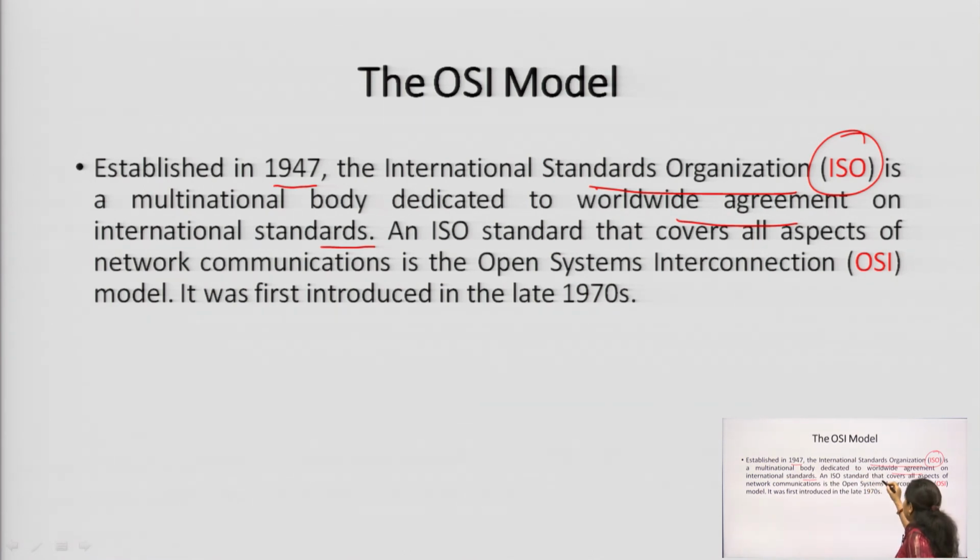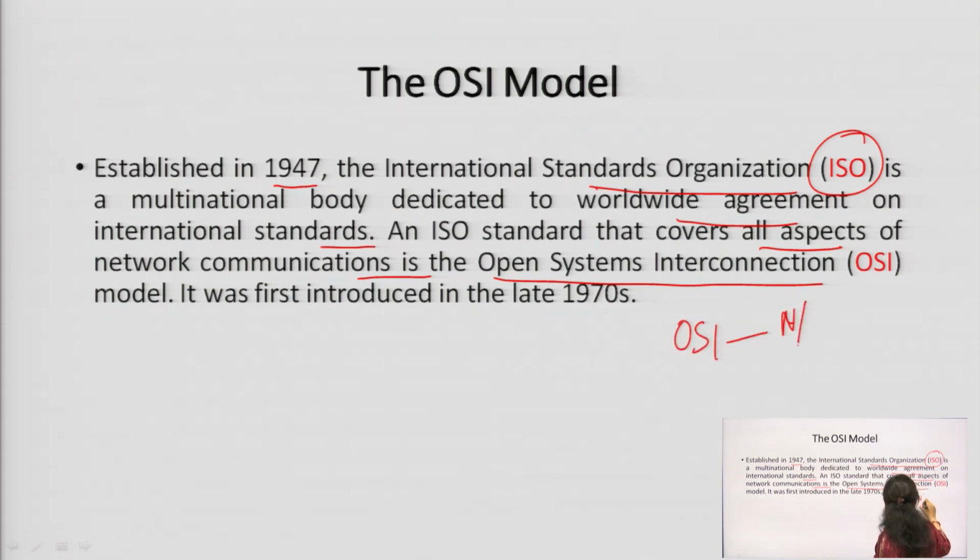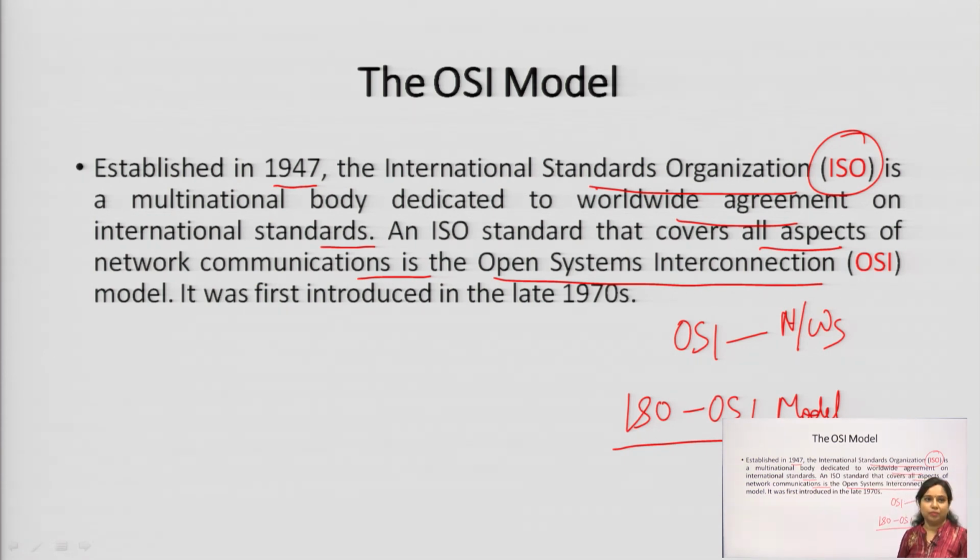An ISO standard that covers all the aspects of network communication is known as OSI. A model that has been designed or agreed by the ISO is known as the OSI model. In this OSI model, all the information related to networks is involved. So, it is also known as the ISO OSI model. ISO means International Standard Organization, OSI is Open System Interconnection.